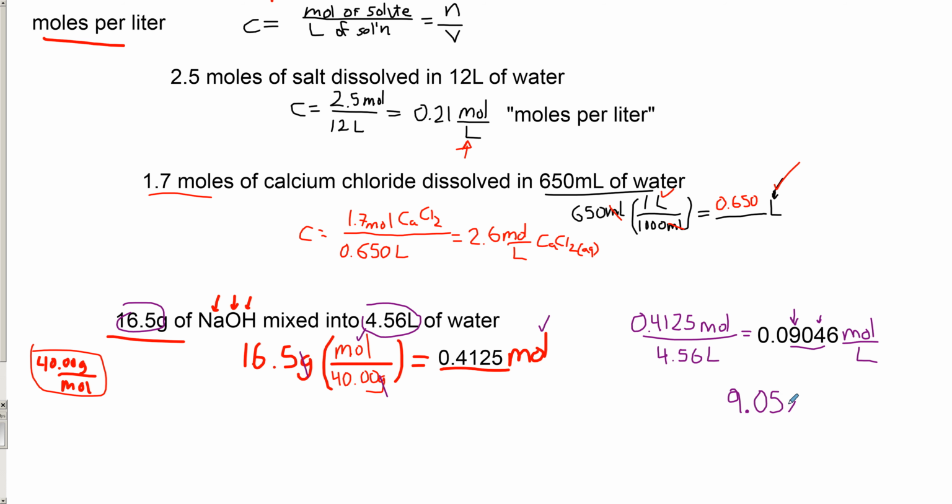Remember how we solve this. I'm going to put the decimal here because that's where it is in my answer. And I'm moving the decimal 1, 2, 2 to the left, which means that it's 9.05 times 10 to the minus 2 moles per liter. So it's as simple as that.